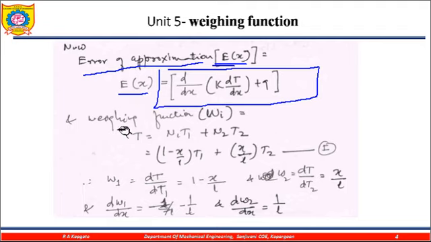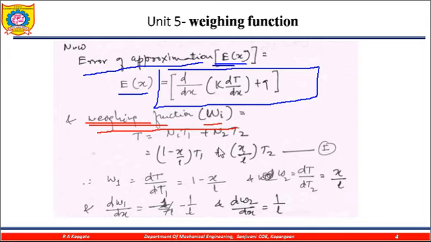Now my weighting function W. In the formulation of a heat transfer problem we need to convert the strong form into the weak form, and for that purpose we first need to find the weights. We find these weights very easily using this formula.